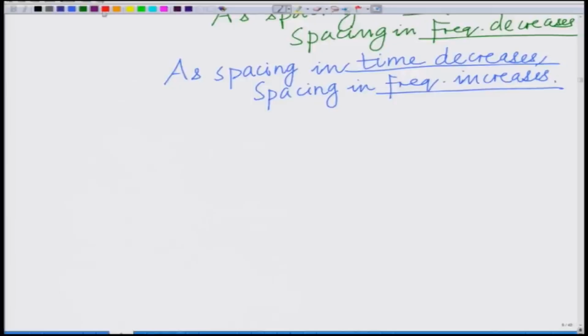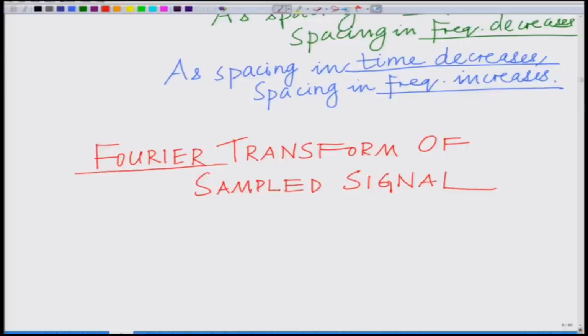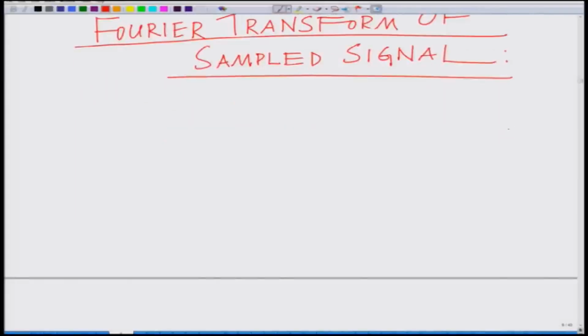Now, let us look at the Fourier transform of the sampled function. We have found the Fourier transform of the impulse train. Now we want the Fourier transform of the sampled analog signal, which will be given as follows.